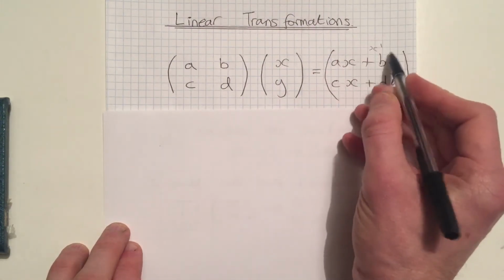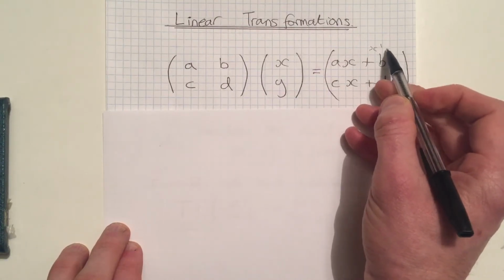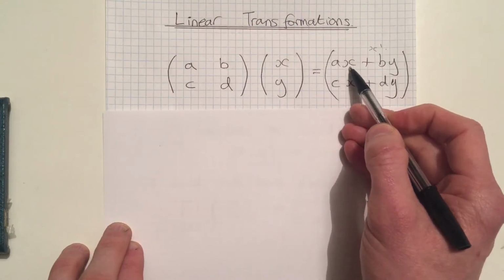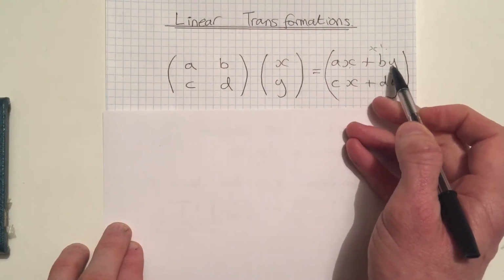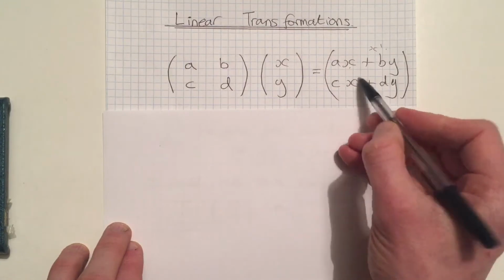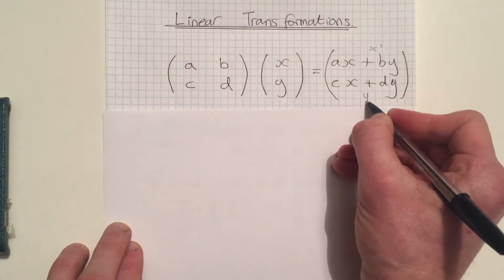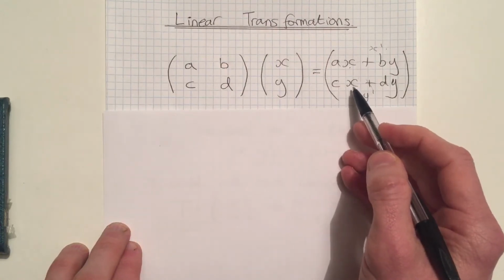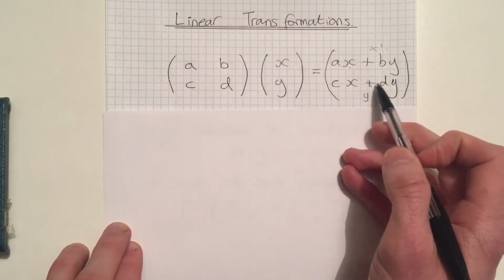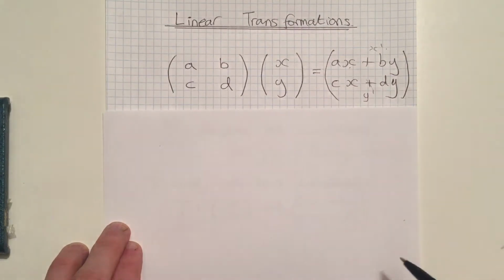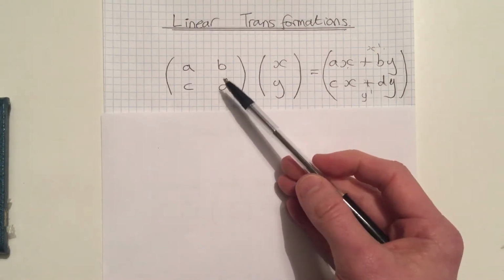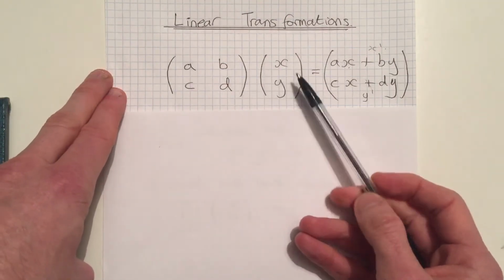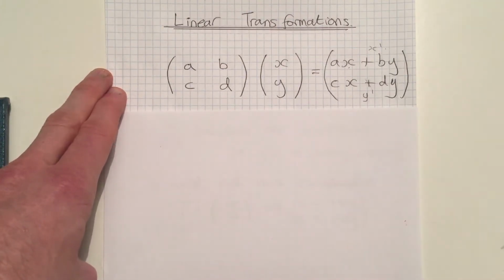My new x coordinate, x dash, is given by a times the old x coordinate plus b times the old y coordinate. And my new y coordinate, I'll call it y dash, is given by c times my old x coordinate plus d times my old y coordinate. So this A, B, C, D represents a transformation of this coordinate onto this new coordinate.